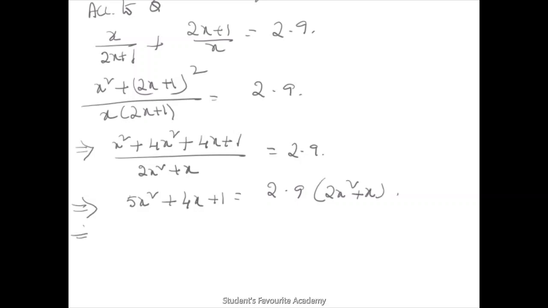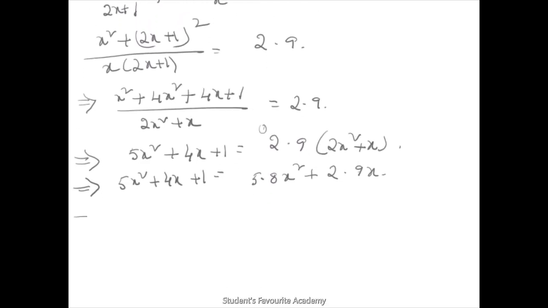So this implies 5x square plus 4x plus 1 is equal to 2.9 into 2, that is 5.8 x square plus 2.9x, right? So now this implies 5x square minus 5.8 x square plus 4x minus 2.9x plus 1 is equal to 0.